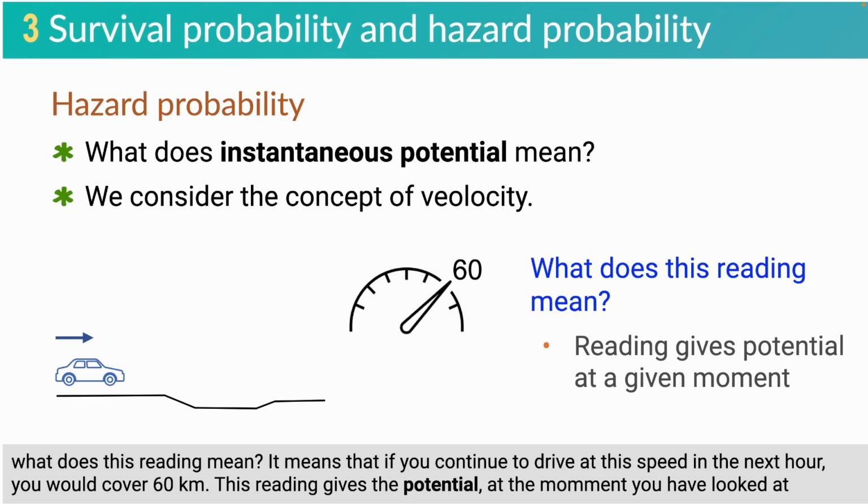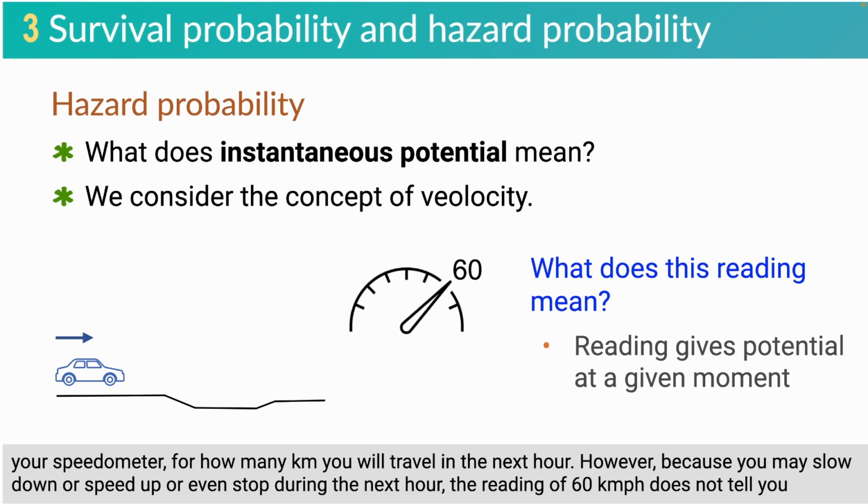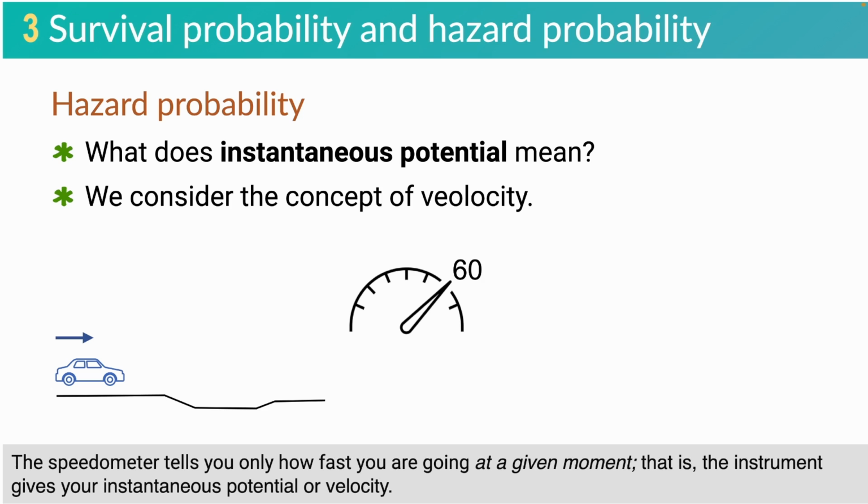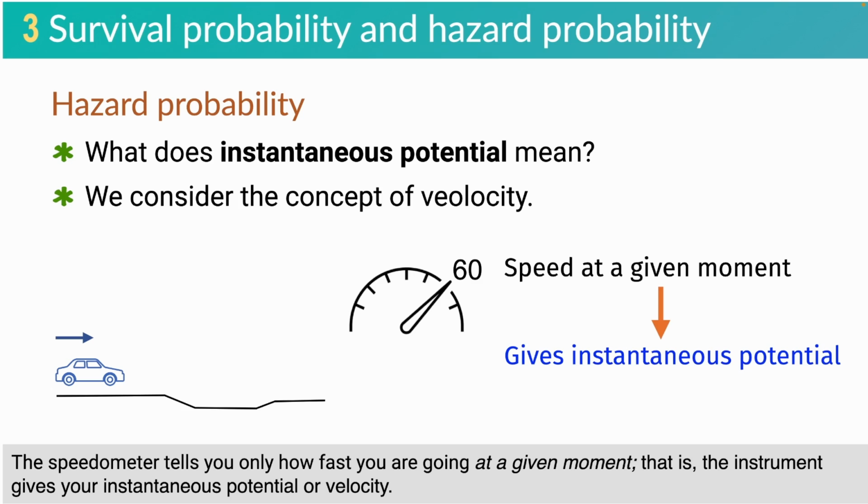This reading gives the potential, at the moment you have looked at your speedometer, for how many kilometers you will travel in the next hour. However, because you may slow down, speed up, or even stop during the next hour, the reading of 60 km per hour does not tell you the number of kilometers you really will cover in the next hour. The speedometer tells you only how fast you are going at a given moment. That is, the instrument gives instantaneous potential, or velocity.